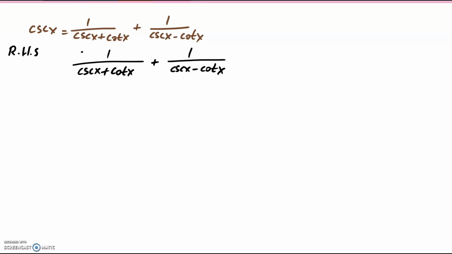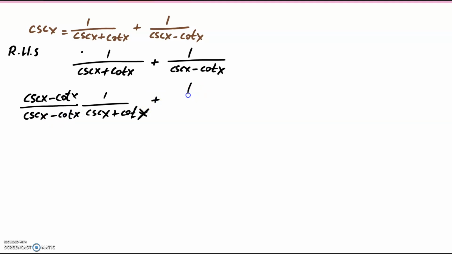Alright, let's do it. I will multiply the term 1 over cosecant x plus cot x with cosecant x minus cot x over cosecant x minus cot x, and I will multiply the other term with the other denominator, so cosecant x plus cot x over cosecant x plus cot x.